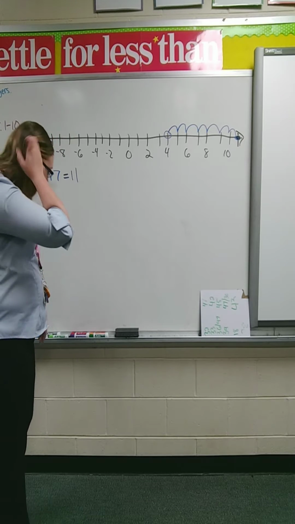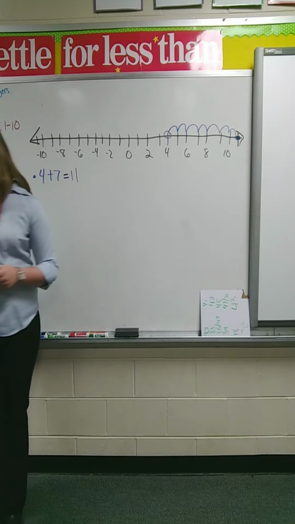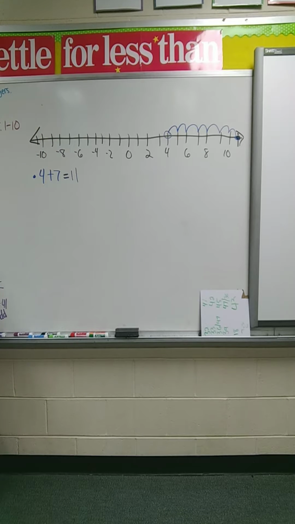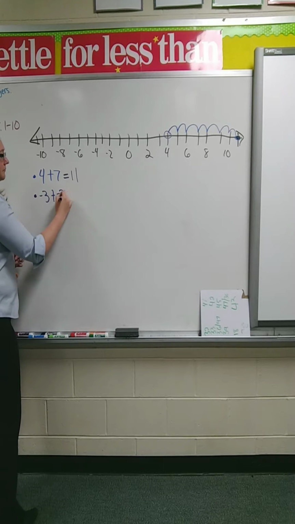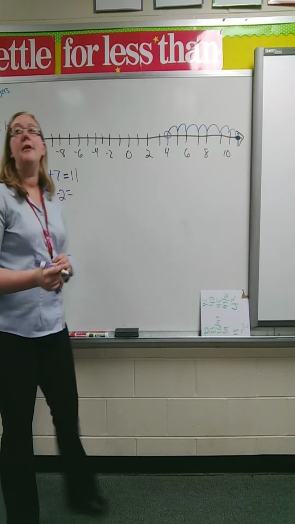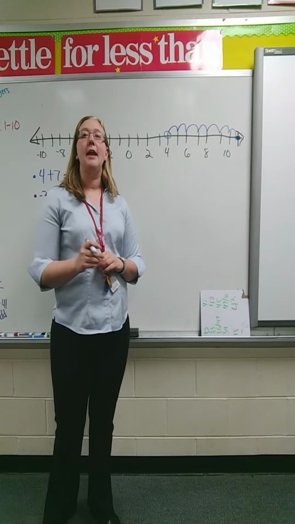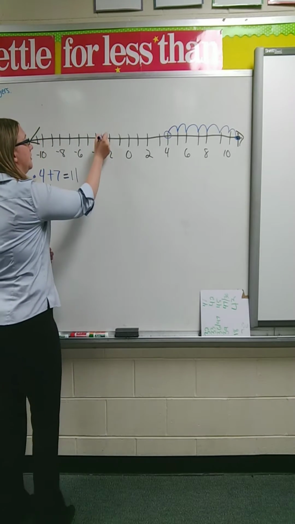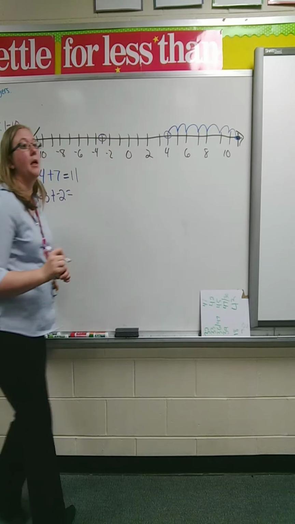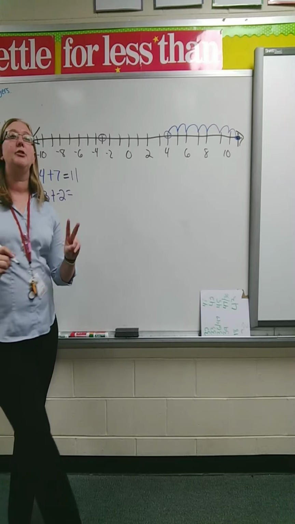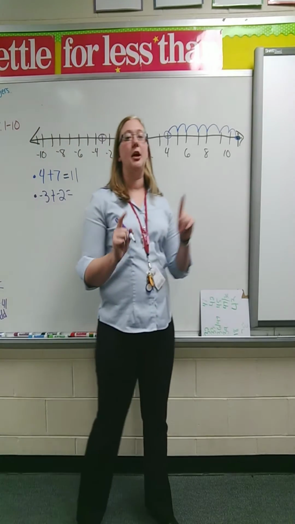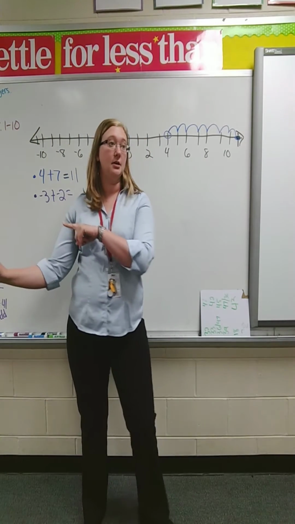Cool. Let's look at negative 3 plus negative 2. If I start out at negative 3, I'm going to move 2 units in the negative direction. If I move in the negative direction, I'm going to move to the left.